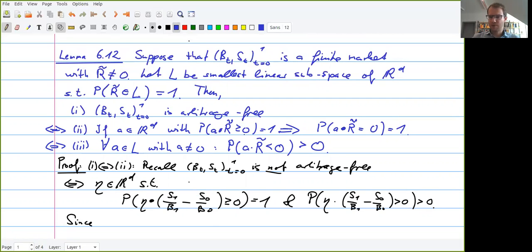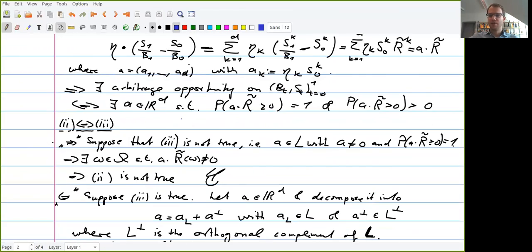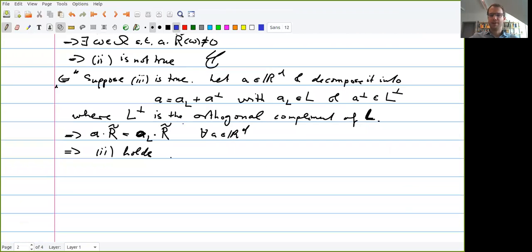So the only observation here is, well, actually it doesn't matter what we do in the orthogonal complement of L. All right. So this proof was a small detour through linear algebra.